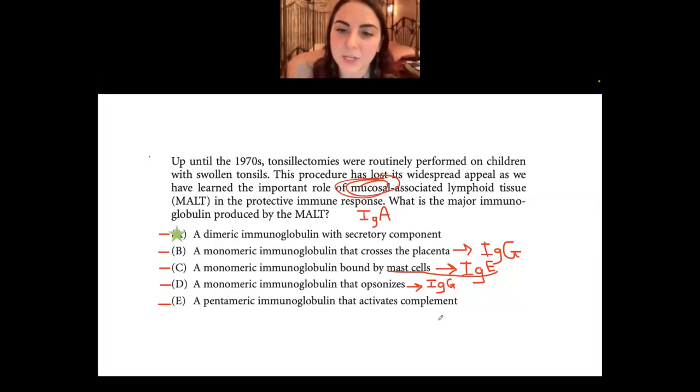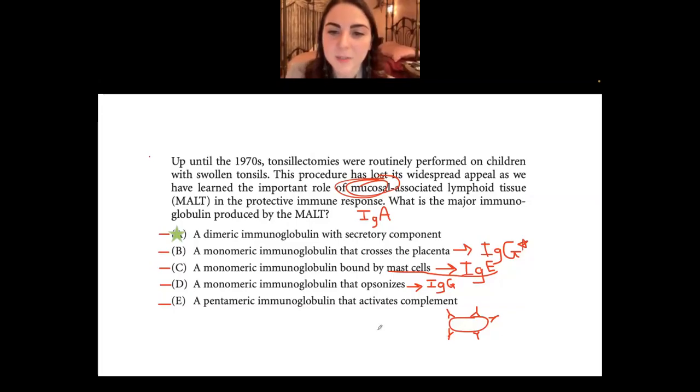Remember, opsonization is like, here's a bacteria, and now I'm going to coat it with antibodies so that cells that have Fc receptors can see it and eat it. So usually opsonizers are your monomeric ones. And of course IgG is the best opsonizer of the antibodies. Actually, I think it's the only opsonizer of the antibodies.